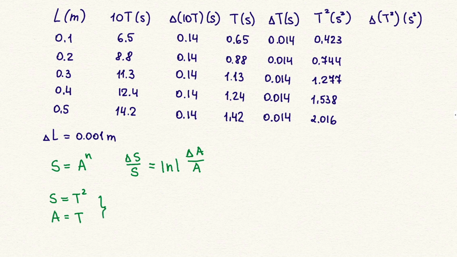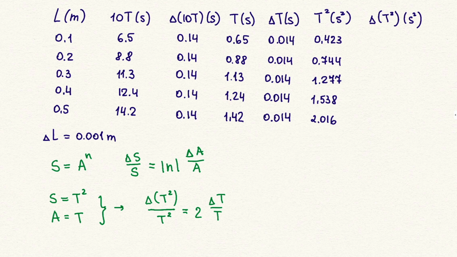So knowing that, we can find relative uncertainty in T squared. So I'm just plugging in, for T squared, the power n, which in our case is just 2, multiplied by the relative uncertainty in period, so uncertainty in period over period.